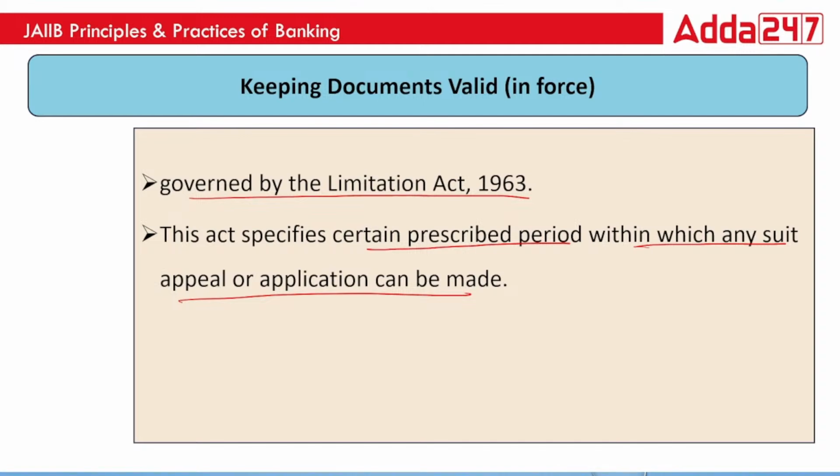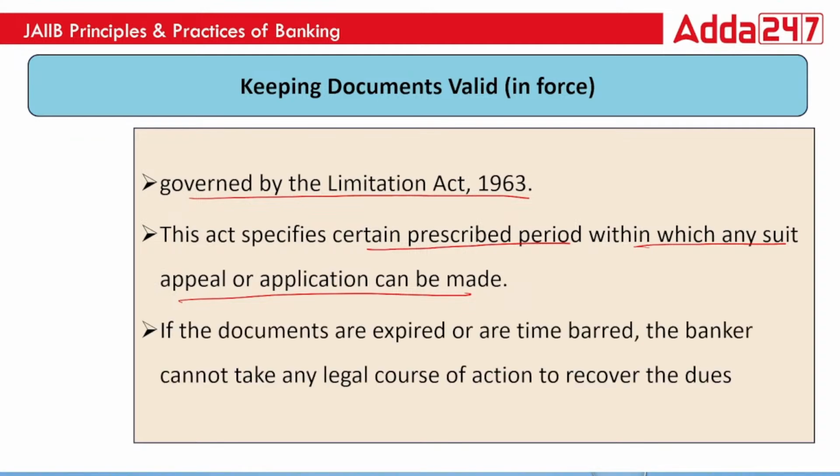You can go to the court and take any course of action against the customer only if it is within the prescribed period. That is why you have to keep the documents valid and in force. If the documents are expired or time barred, the banker cannot take any legal course of action to recover the dues.